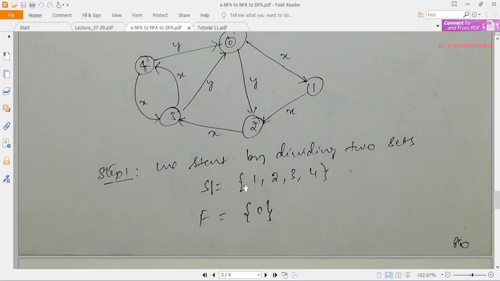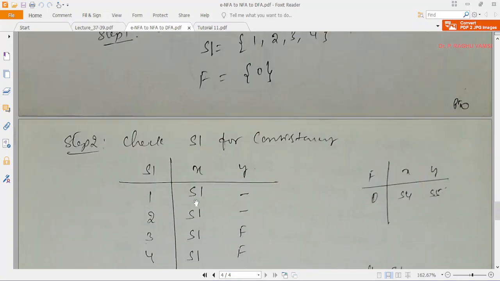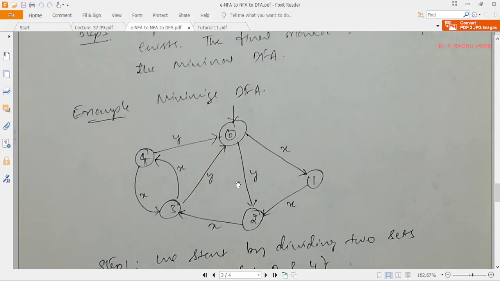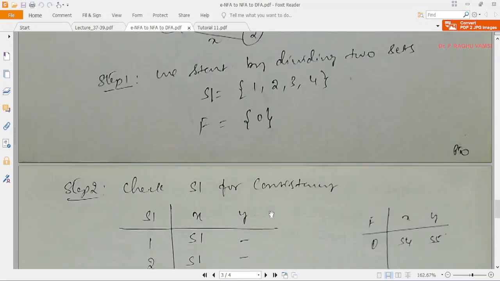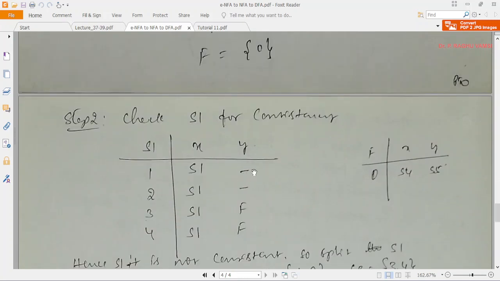Currently, the state 2 is available in the set S1. So it is again going into the set S1. On 1 with Y, there is no possibility of providing Y on 1, so it is empty.